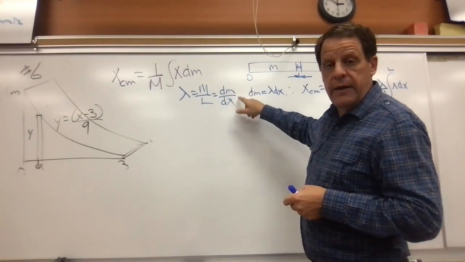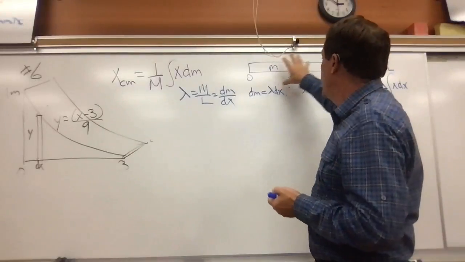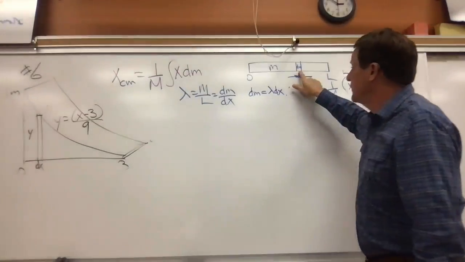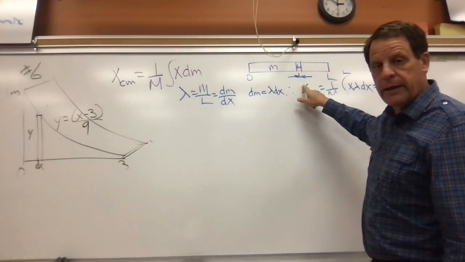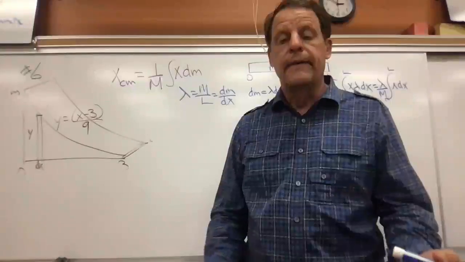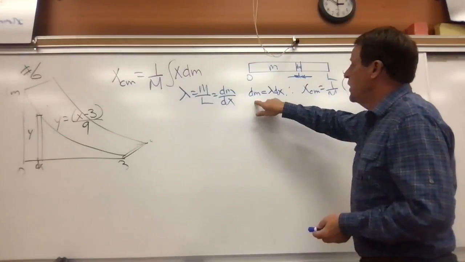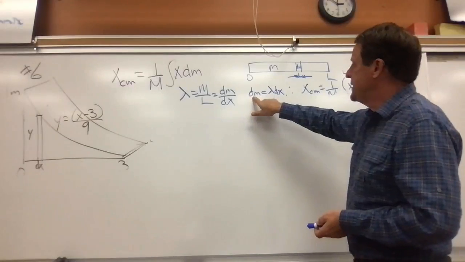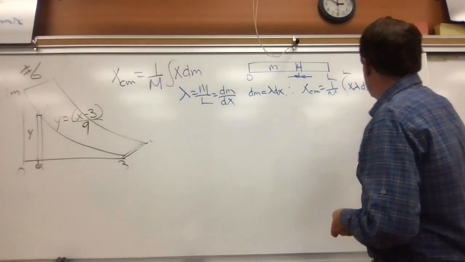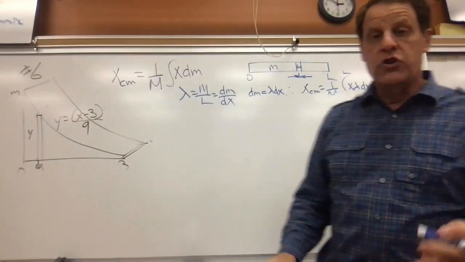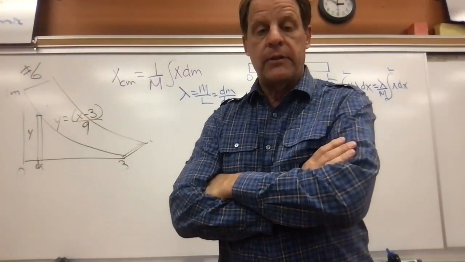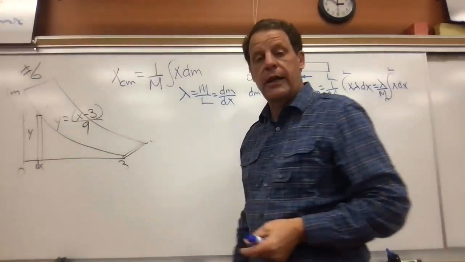Then we get dm over dx, because the whole mass divided by the whole length is the density, but it's also this little bit of mass divided by this little bit of width, and they're the same ratio. So we can cross multiply and get dm is equal to the density times dx, and then plug it in here to get it into an integrable form. That's the same thing we've got to do for this more complicated one.